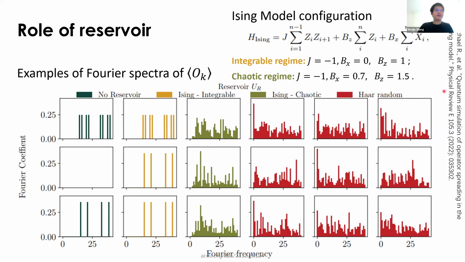And this paper basically considered the dynamics of the chaotic Ising model. Roughly speaking, this paper argues that if the time is long enough, then the dynamics of the chaotic Ising model will approximate the dynamics of a Haar random reservoir.